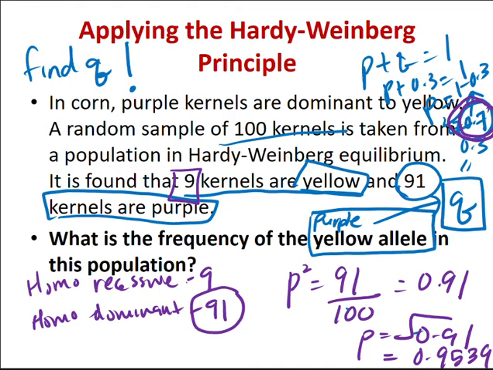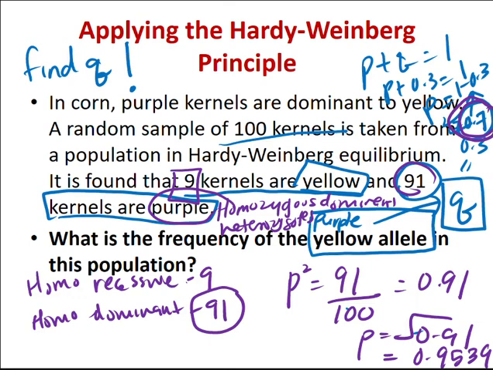Why? Because in this purple, in this 91, this is the phenotype, we are not talking about the genotype. This is homozygous dominant plus heterozygous. Remember, heterozygous, even though they have one recessive allele, they also show the dominant phenotype.